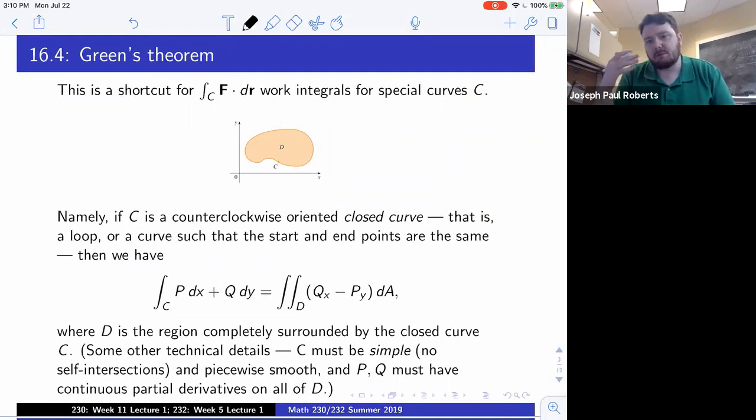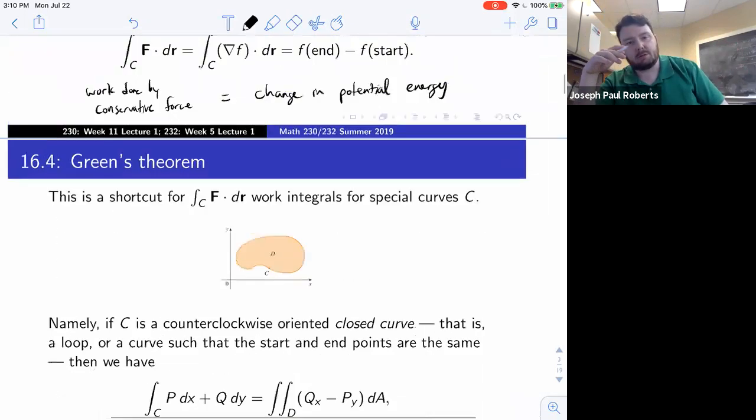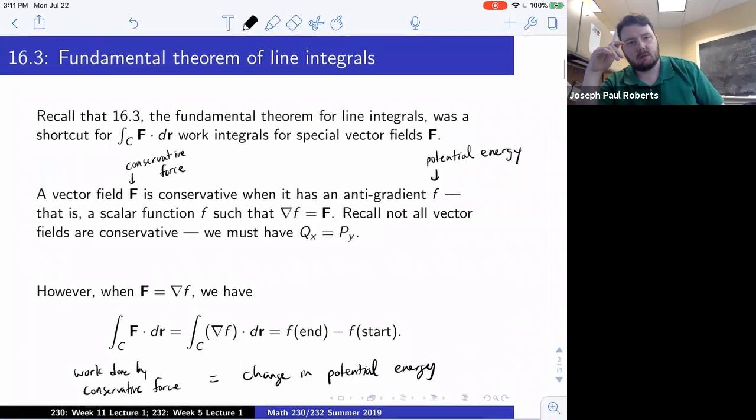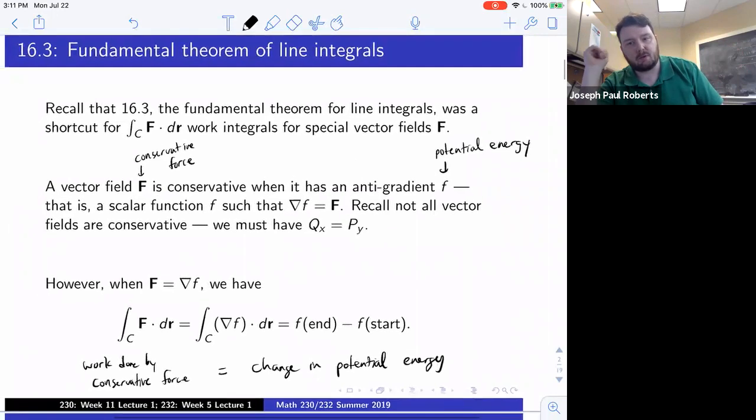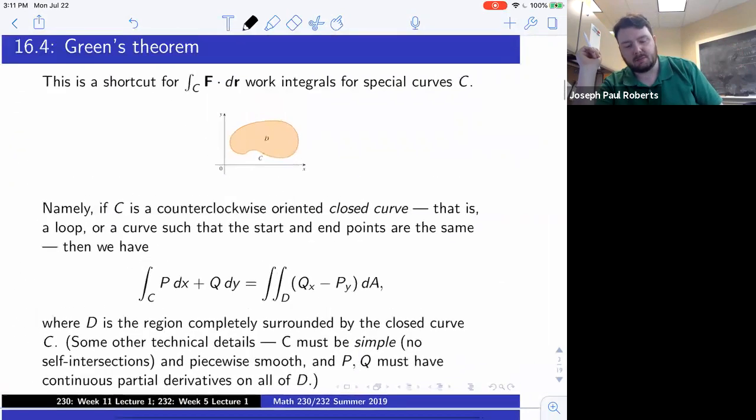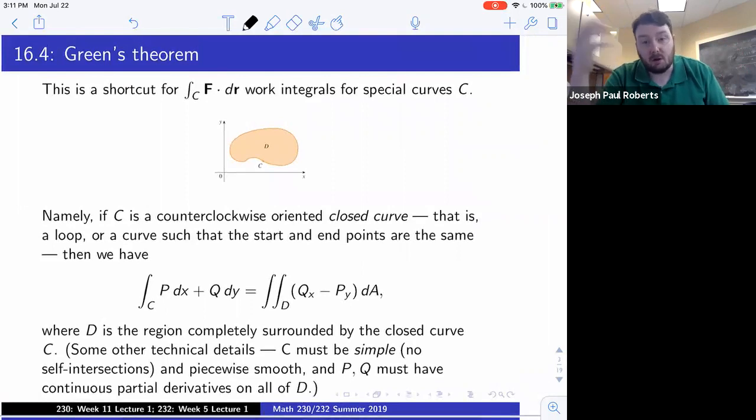So eventually when we build our strategy for the types of approaches for all the different kinds of problems in this chapter, one of the things is going to be, if it's a work integral, that means F dot dr, look out for conservative vector fields. That's a special property of the vector field. But then the other possibility is a special property of the curve. And so let's talk about that.